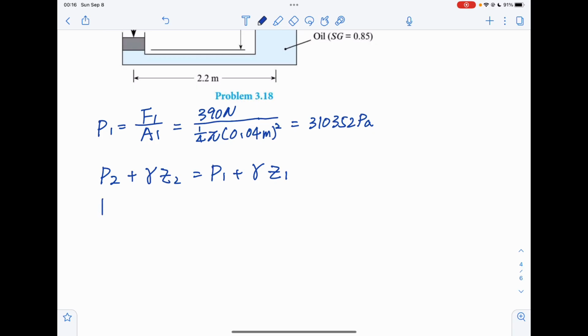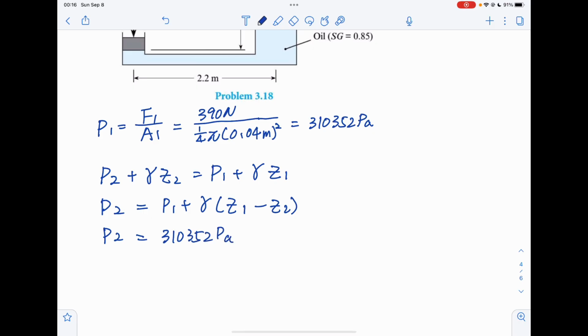Okay, so P2 equals P1 plus gamma times the height difference between point 1 and point 2.